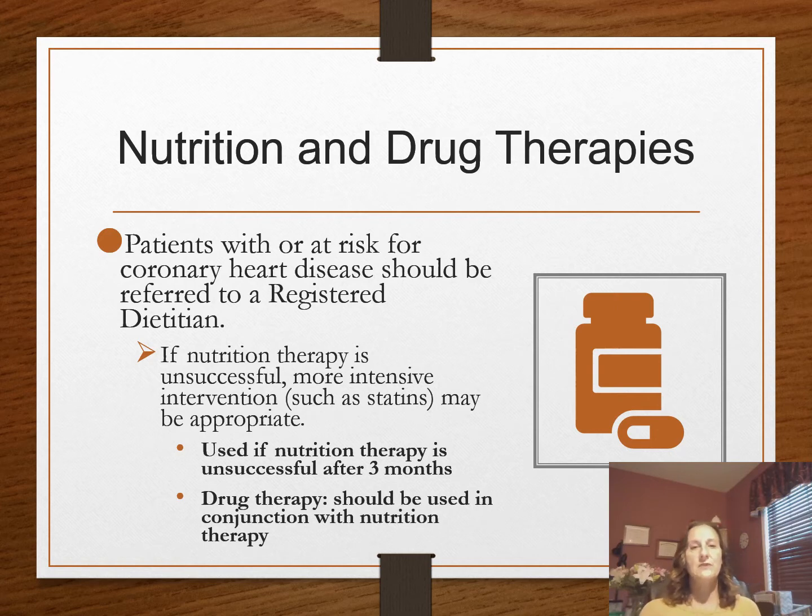After 3 months, if nutrition therapy is unsuccessful, then the second line of treatment is cholesterol-lowering medications, typically with statins being the top prescribed medication for hyperlipidemia. Definitely know the major medications used to treat high cholesterol and their side effects.